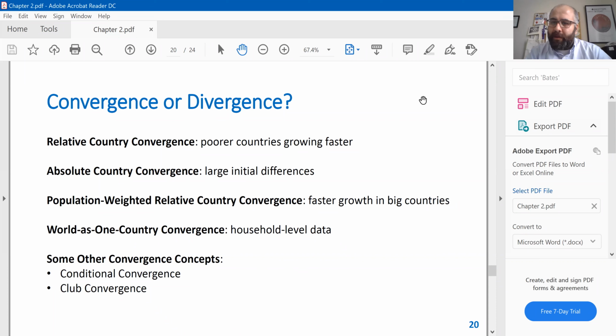Okay? Because real GDP per capita gives you an average measure of income in the country, right? But some of these countries, in terms of population, are bigger countries, especially China and India. They are huge, right? So if these countries are growing very fast, then you need to take into account the population level, all right? And there are some figures in your text that show you interesting results.